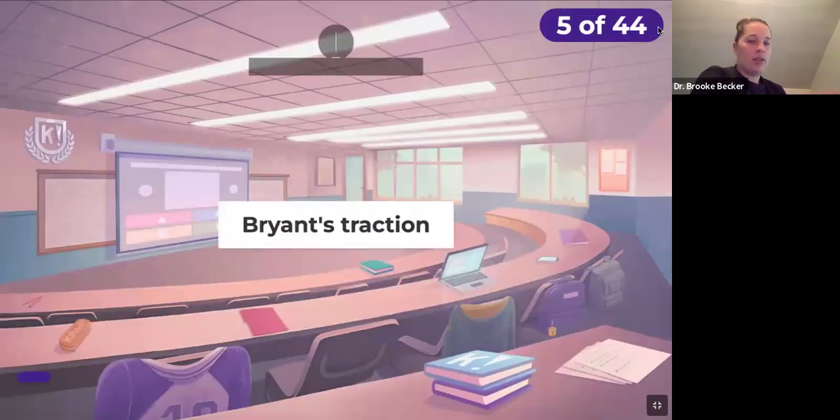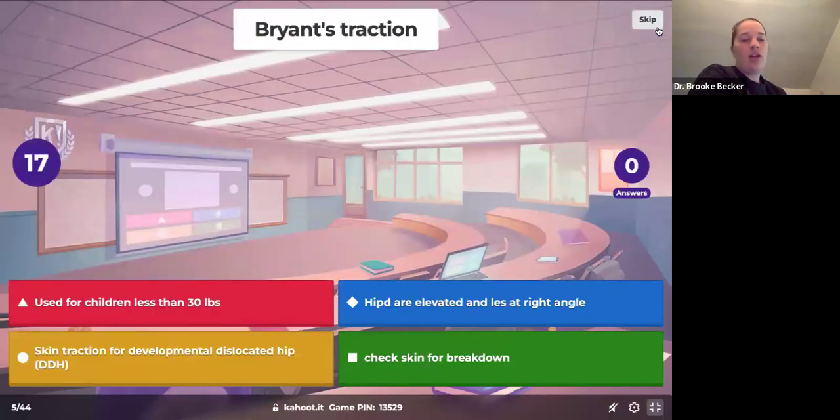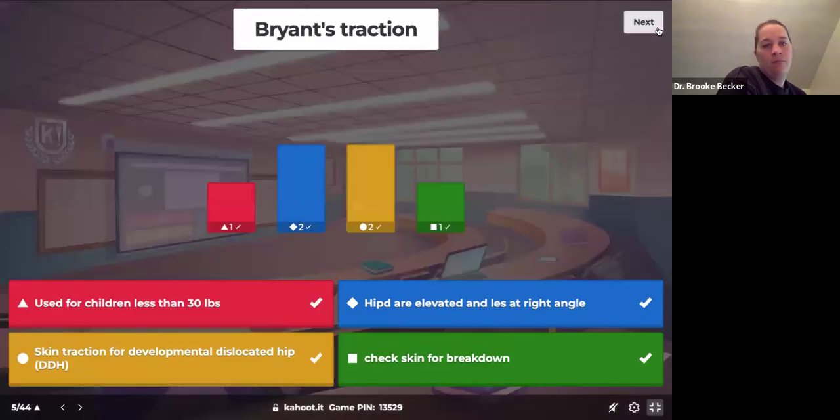Multiple select. Bryant's traction. So used for a child less than 30 pounds. Hips are elevated and the legs at a right angle. Skin traction for developmental dysplasia of the hip, or check for skin breakdown. All of those things.